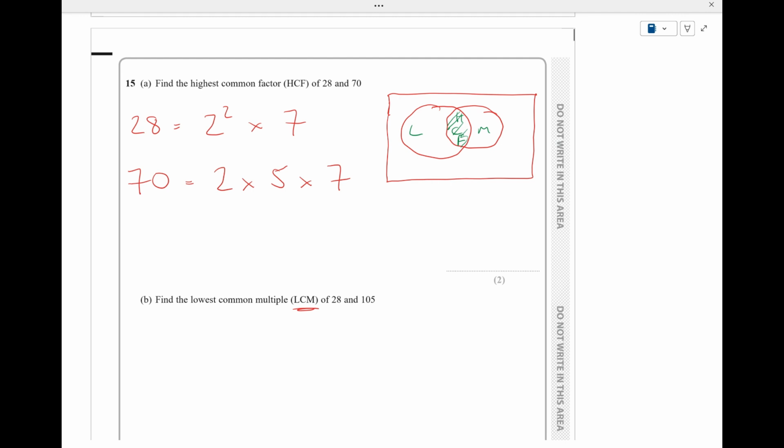So I'm going to put these factors in a Venn diagram. I'm going to have 28 here and the factors of 70 there. Now they've both got a 2 in them, and 28's got a second 2. 5 for there, and then they've both got a 7. So the highest common factor is 2 times 7, 14.